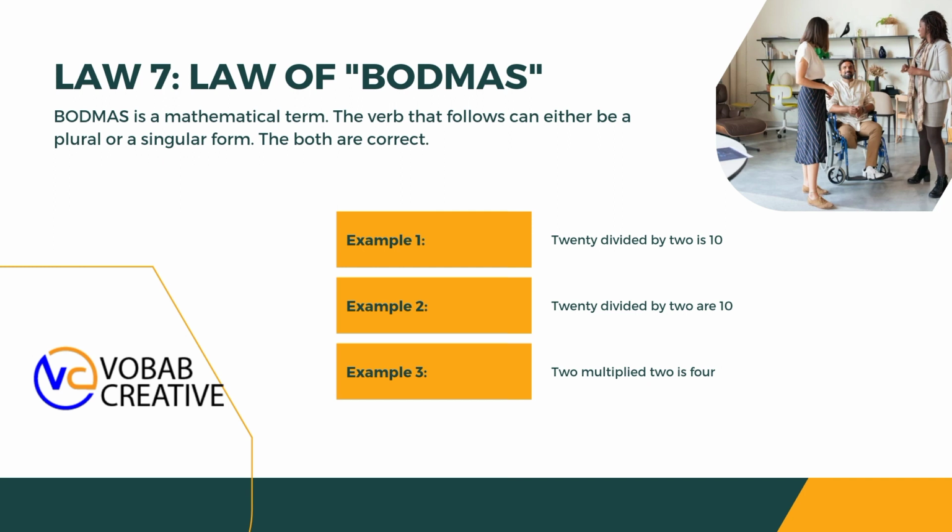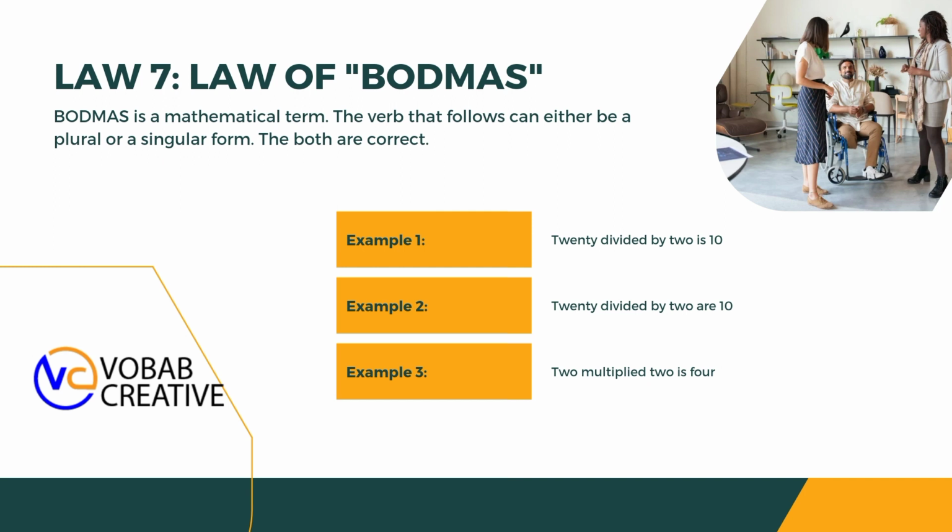Whenever we have 20 divided by 2, we are in example 1 now. 20 divided by 2 is 10. That is very correct. If we also have 20 divided by 2 are 10, it is perfectly correct. Now, let's go back to our definition of the law of Bodmas. The verb that follows can either be a plural or a singular form.